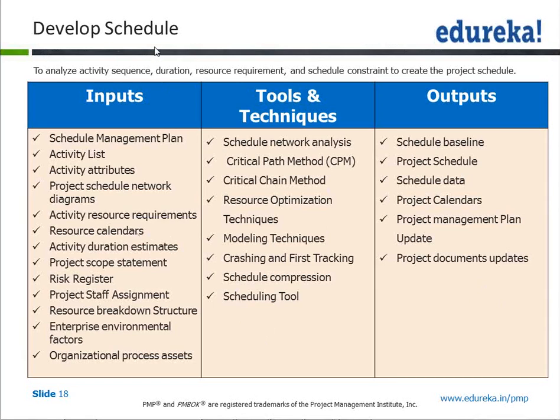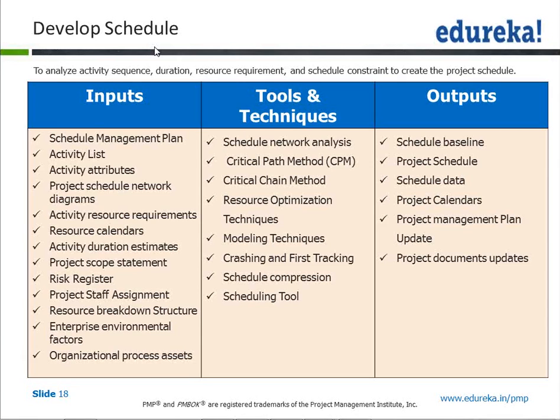Once you have the estimation, the resource, the activity, the dependencies, now you are ready to create the schedule. That is what we loosely call project plan in our Microsoft Project. That is a project schedule. So schedule development is the process where we will create this schedule.